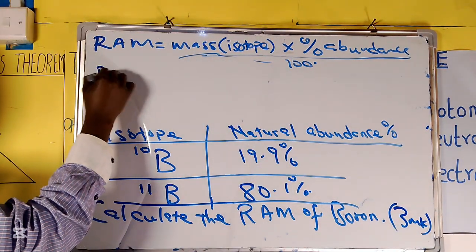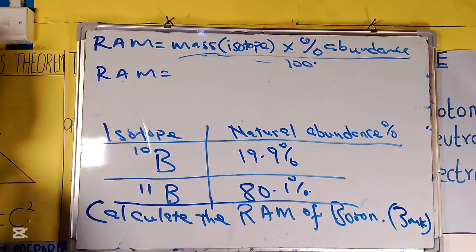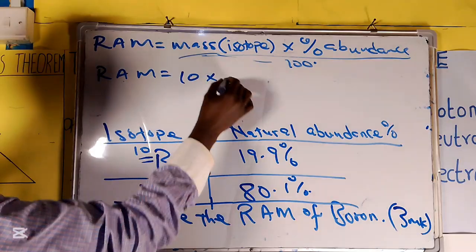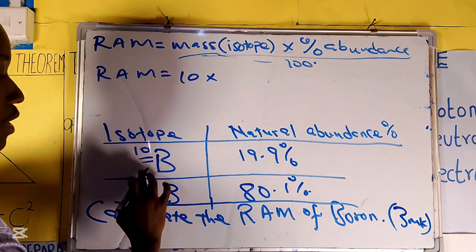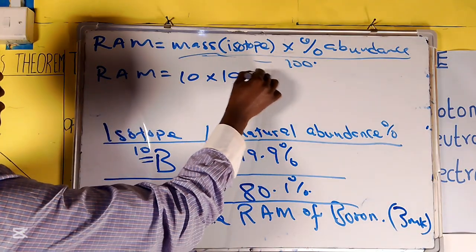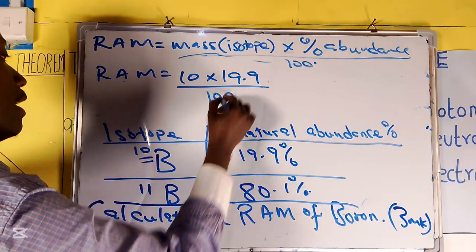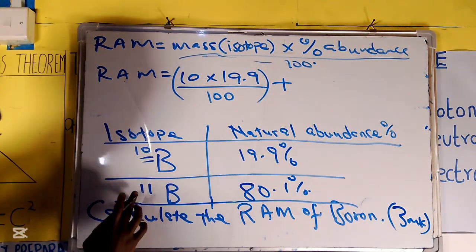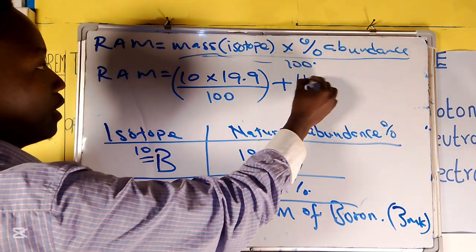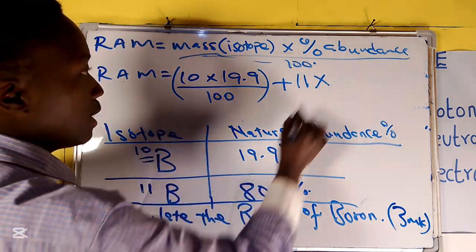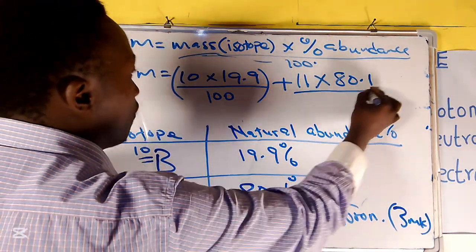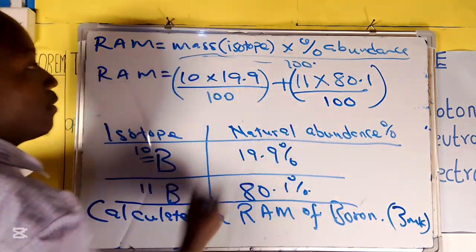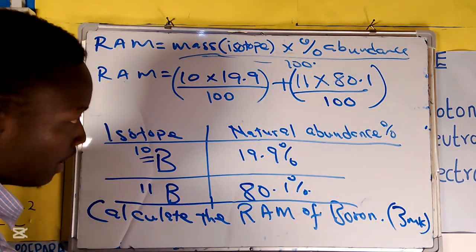So our RAM will be equal to the mass of isotope, here is 10, multiplied by the percentage abundance of this one, 19.9 over 100, and because there are two isotopes, it will be plus the second one, mass of isotope 11 times percentage abundance 80.1 over 100.